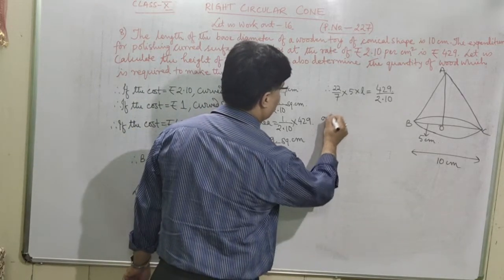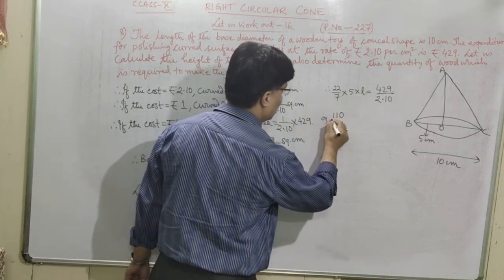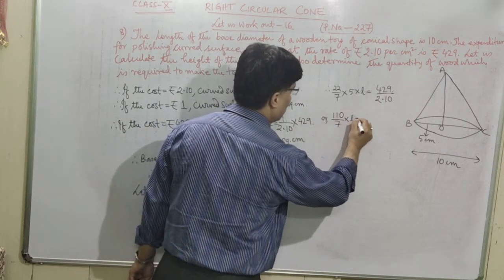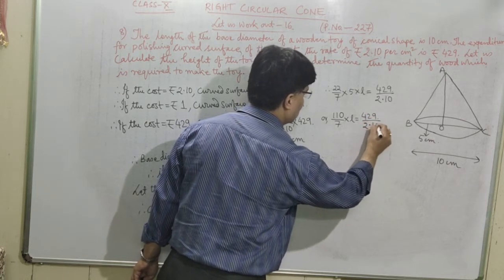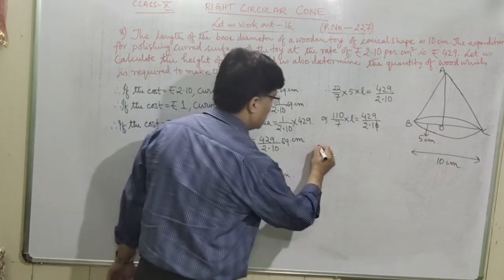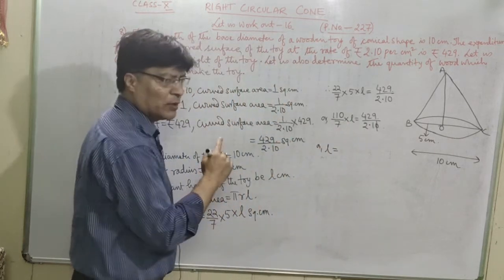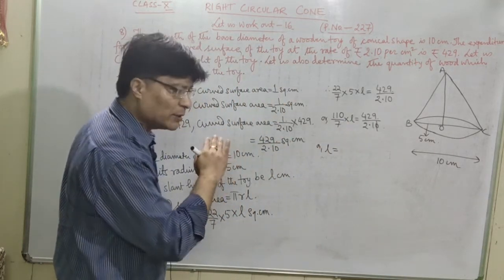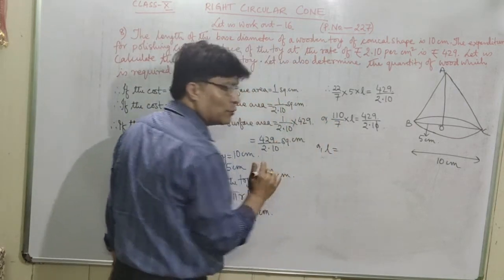Or you can multiply this, 5 2s are 10, 5 2s are 10 plus 1 is 11, so 110 by 7 into L is equal to 429 divided by 2.10. Here 0 will be cancelled, or L is equal to, now this is a multiplication sign. When this 110 divided by 7 goes to the right hand side, and since this is a multiplication sign, it becomes upside down.